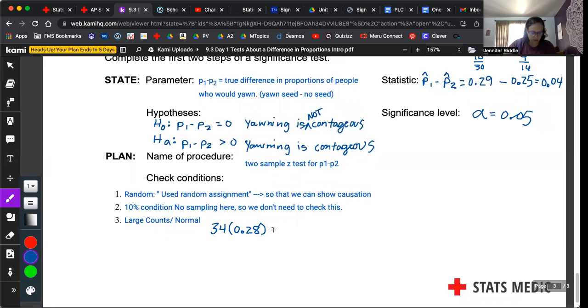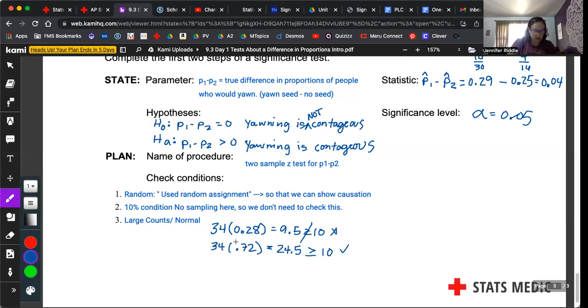When we multiply those together, we get 9.5, which is not greater than or equal to 10. So that's not true, right? And we have 34 times 0.72, which is equal to 24.5, which is greater than or equal to 10. So that part is true.